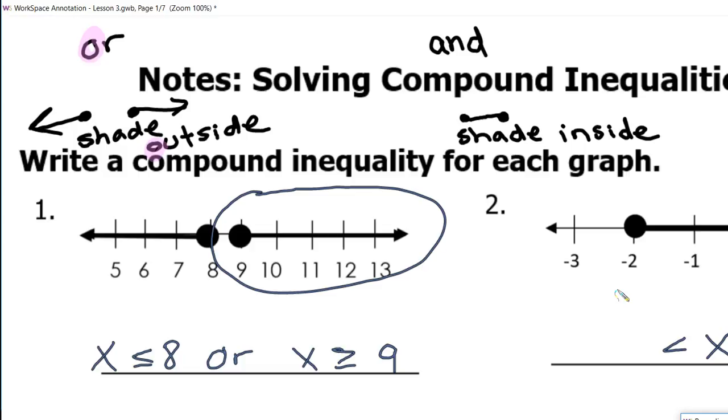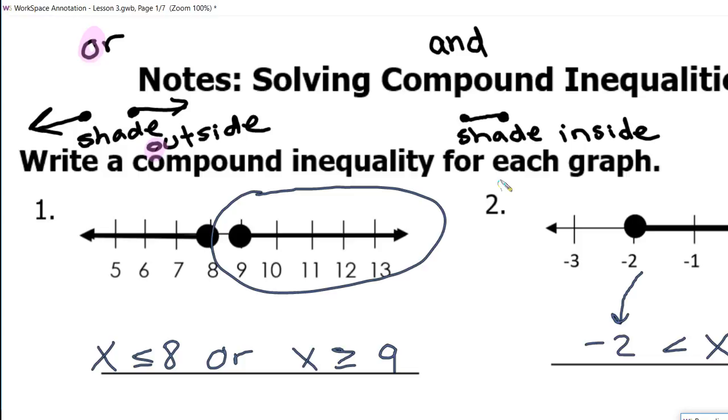Now you need your 2 endpoint values. Well, this value is -2. Drop it down. This value is 0. Drop it down. That's almost the answer, but now we need to look at my endpoints and see, are they open or closed? So looking at -2, is this point open or closed?